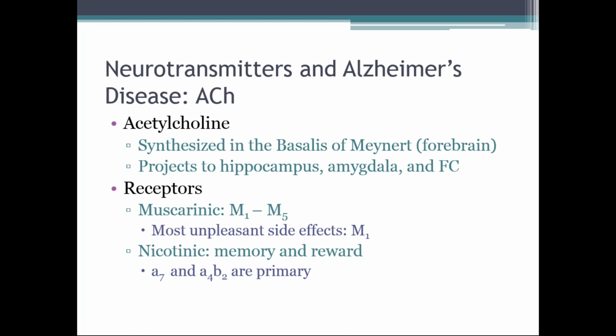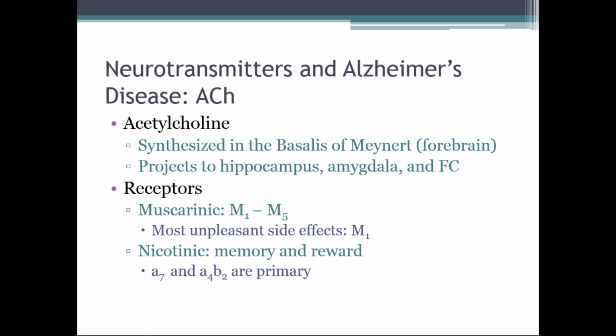And for receptors for acetylcholine, there are two different families, muscarinic and nicotinic. They're named that way because the active chemical in one of those mushrooms, I don't think it's a magic mushroom per se, has a high affinity for those particular receptors, muscarinic receptors.